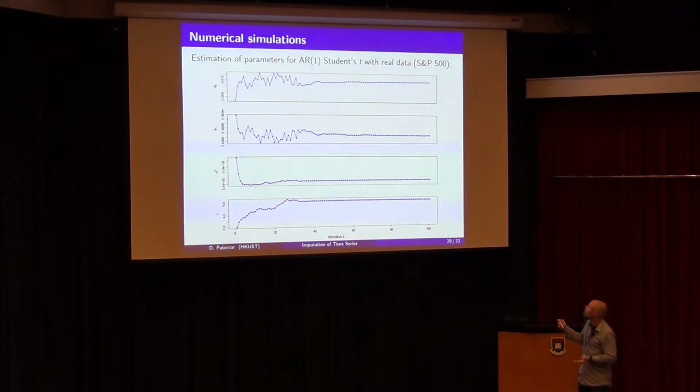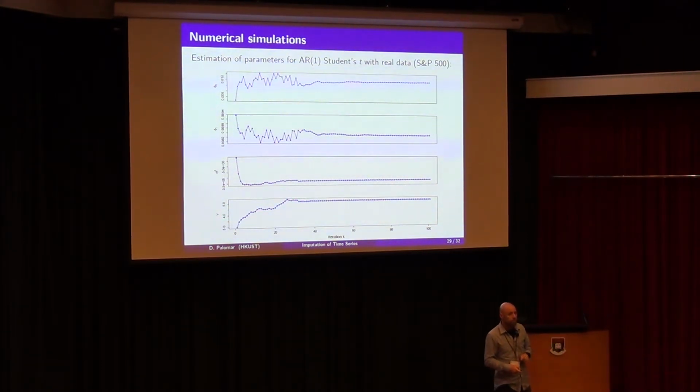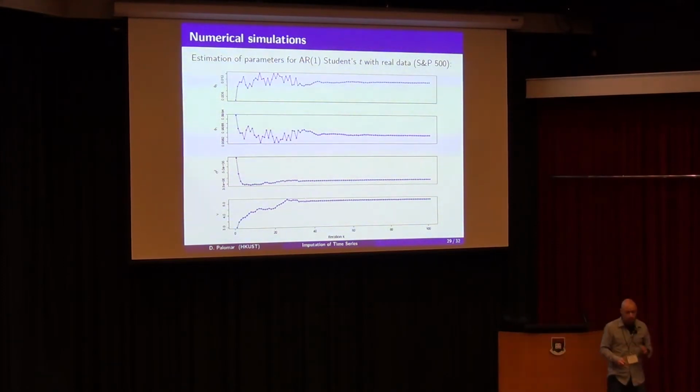By the way, we already know that the log prices follow a random walk, so phi1 in the AR model should be 1. Indeed, it quickly converges to something like 0.9988, so it's like 1. Everything works fine. And nu converges to something around 5, so definitely heavy tail. 5 is still a very heavy tail, so it's good that we are assuming a heavy tail.